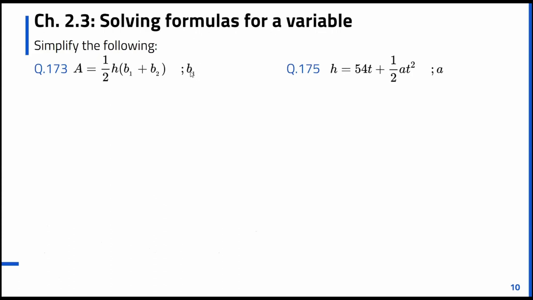So for the first question, you need to isolate b1, and for the second, you need to isolate a. I think I will pick a student to dictate the key points of solving the first and the second task. So I will give you some time and then choose 2 students to share their solutions.